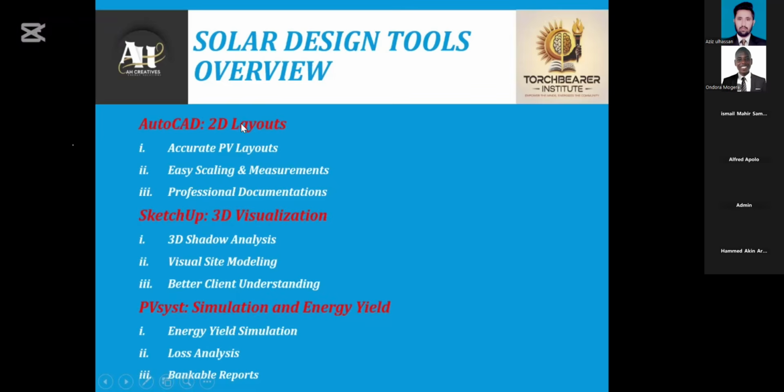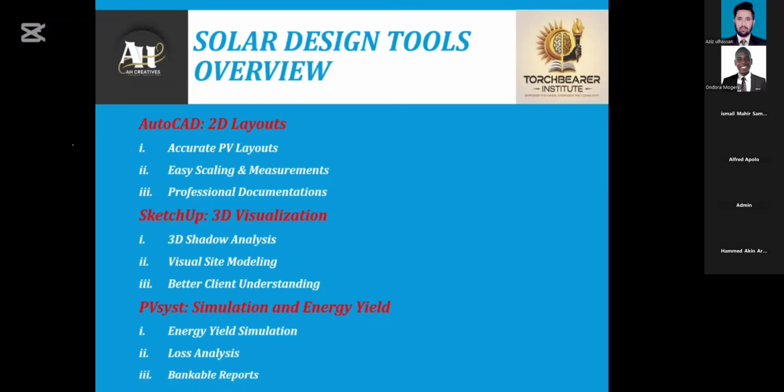So that is AutoCAD, and then the other one is SketchUp. SketchUp is very important in doing the 3D visualization of a power plant or a system. When you talk about a system, you need to visualize it in three dimensions. We simulate it using SketchUp. And the third one that you're going to focus on is PVsyst.